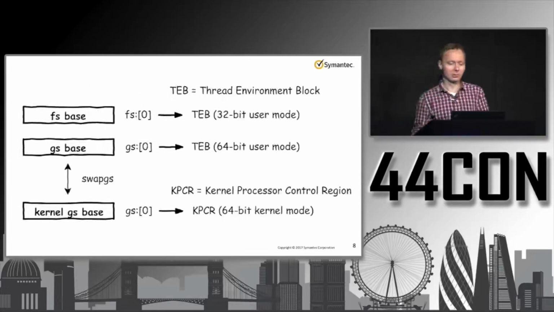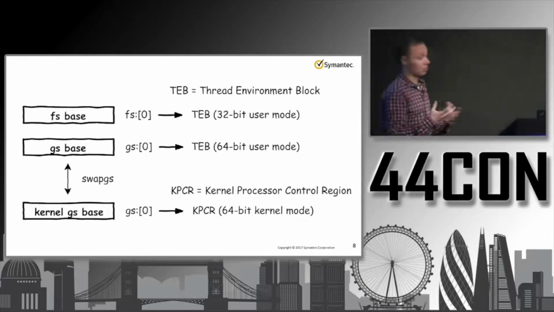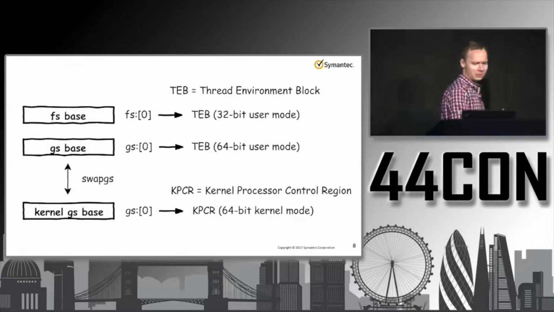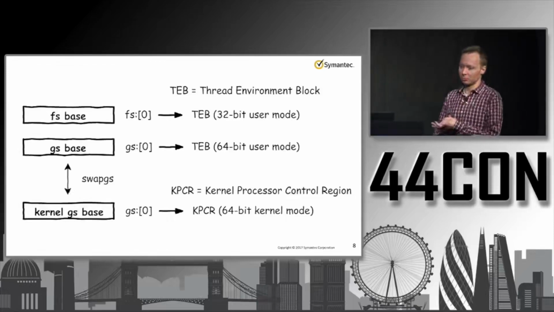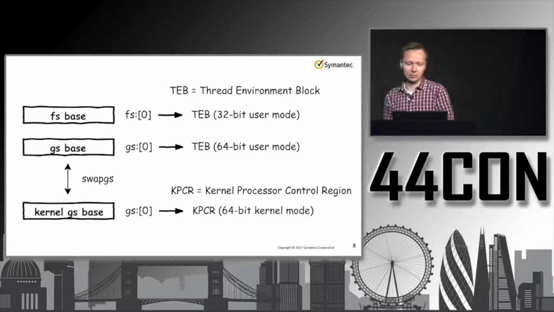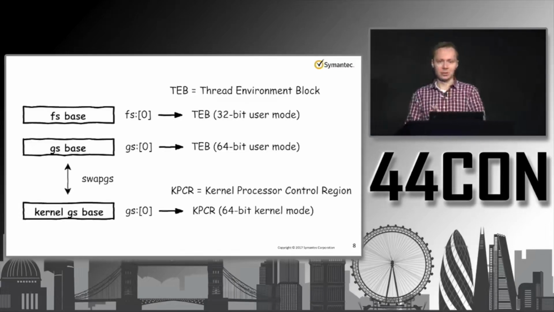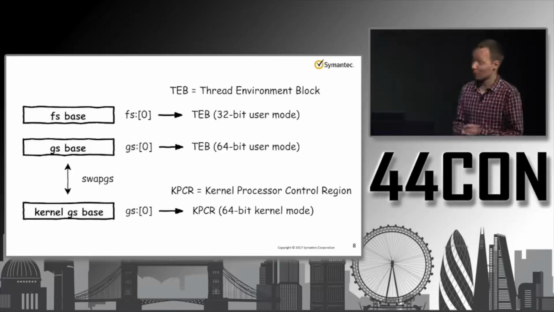Okay, so this is where we need to start parsing Windows, the kernel's structures in memory and that kind of stuff. But there's a few very important registers on the CPU related to these things. There's the FS and the GS base, which is normally in user mode used for the thread environment block.